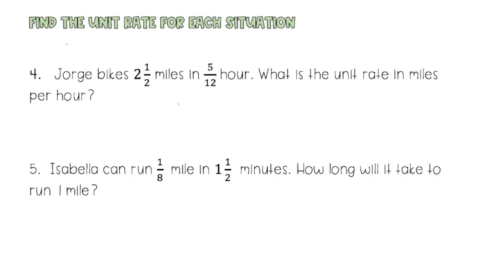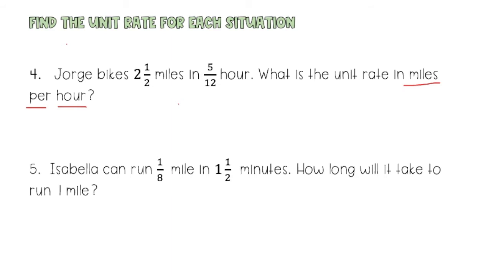Now we are going to find the unit rate for each situation. So George bikes 2.5 miles in 5/12 of an hour. What is the unit rate in miles per hour? So I'm going to underline that last sentence because it tells me exactly what we are solving for and what we're comparing. So we're comparing miles per hour.